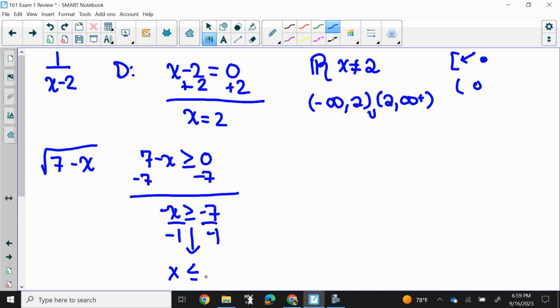So x is now less than or equal to 7. So how do I write that? When you do domain, you go from the lowest value to the highest. The lowest value goes to negative infinity, and then 7 is the largest number it can be, so I put a bracket around that.